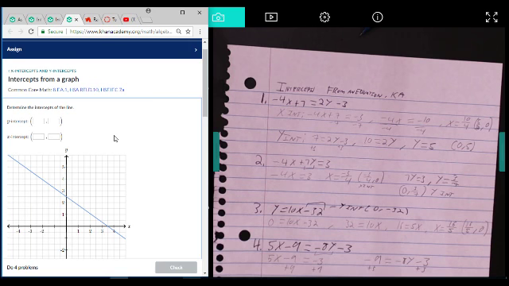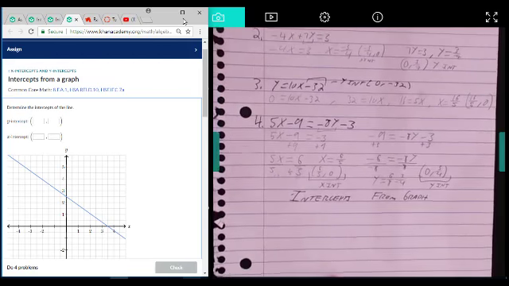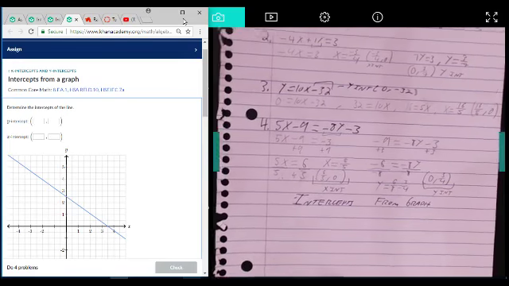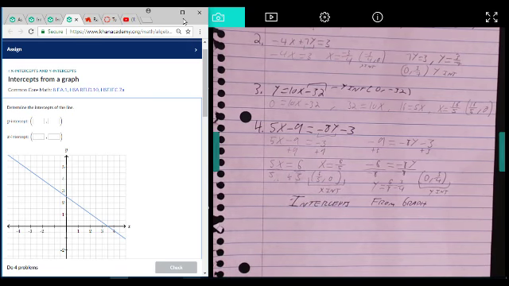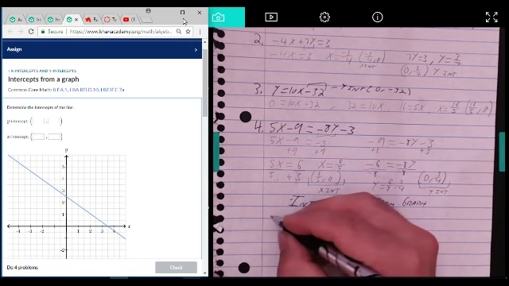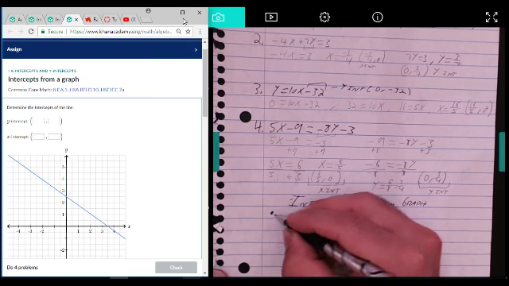Now for intercepts from a graph, this is less chaotic. All you have to really do, also this is the steps for problem 4, is kind of visually be able to see it. So just write down what you did.